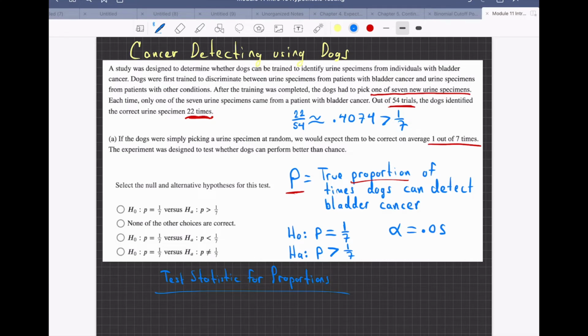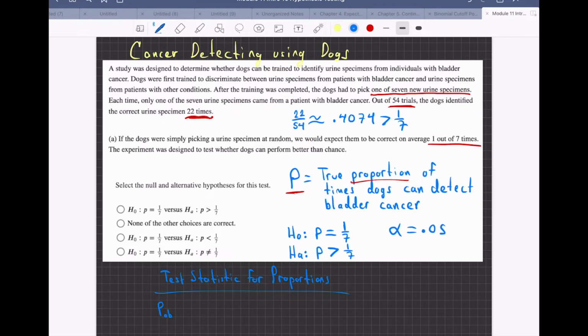Yes. Again, in this video, we are working only with proportions. That's why we're going to be using only one test statistic. But in general, depending on the parameter, the test statistic is going to be different as to how to compute it.